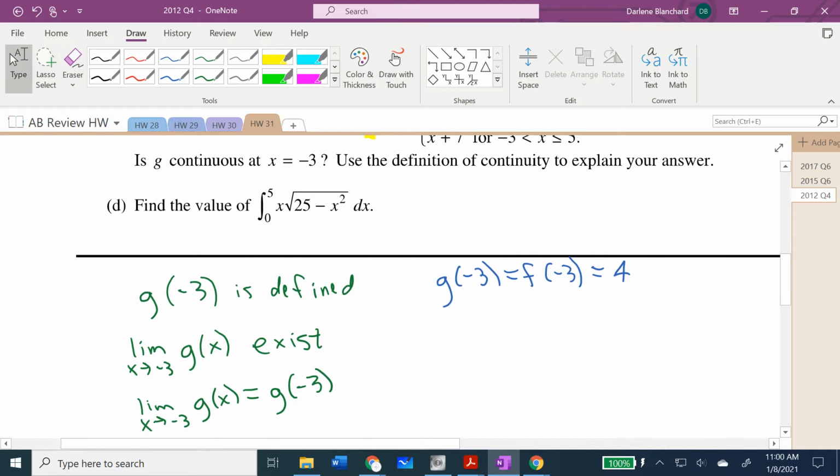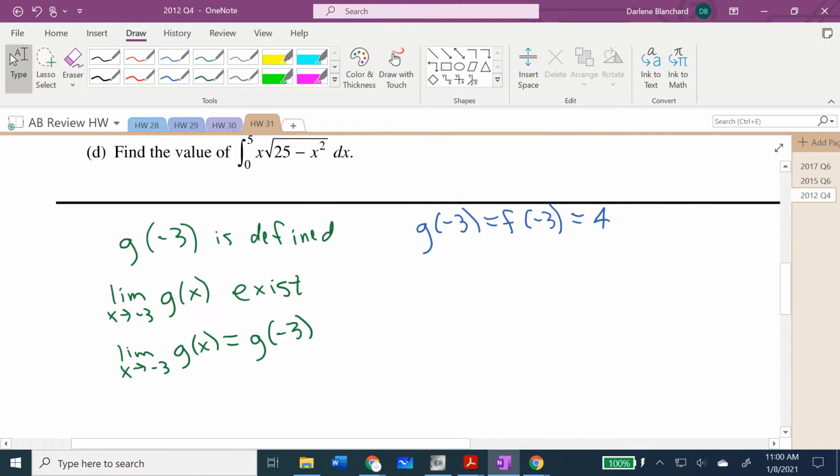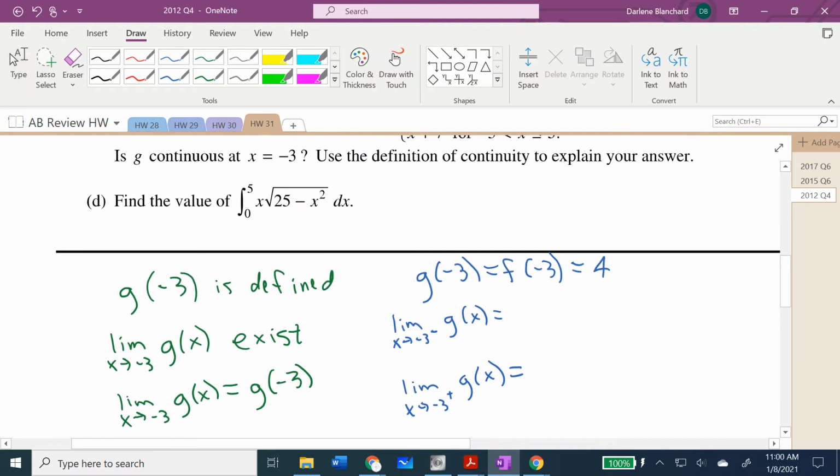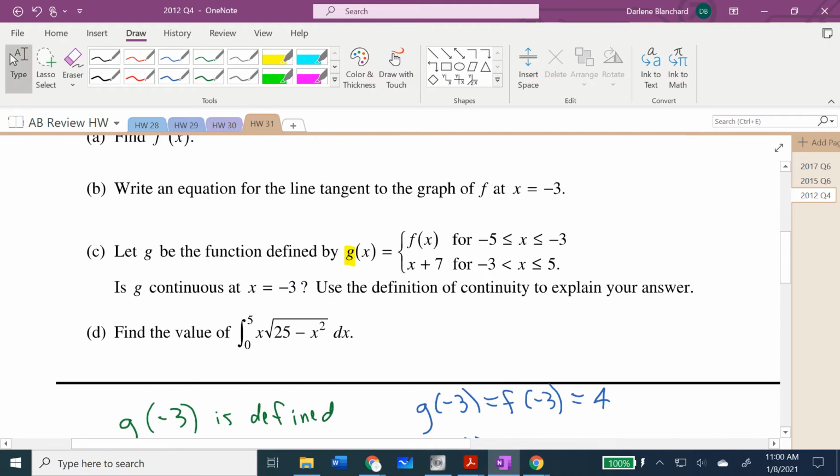Now, does the limit exist? I have to check my two one-sided limits, and I should show that I understand which side is which. So I'm first going to just write out the limits. And then I want to be cautious about who's the left side and who's the right side.